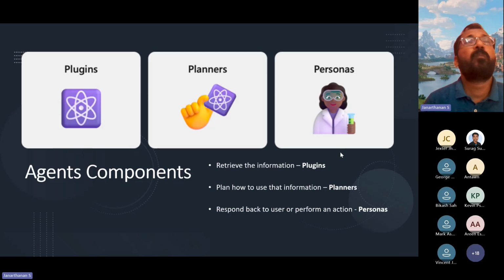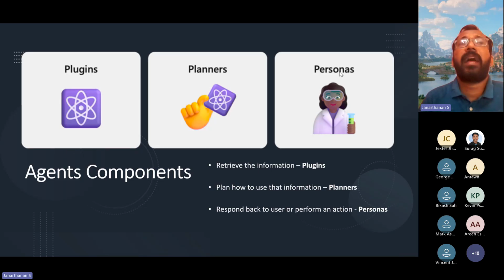And if I want to plan any particular information with the help of your semantic kernel, then use planner as one of the components. And the third component is persona. Once the plugin is used in your code and you are able to plan the overall project, there are certain basic system messages if you want to retrieve or respond back to the user, so you will be using various types of persona.